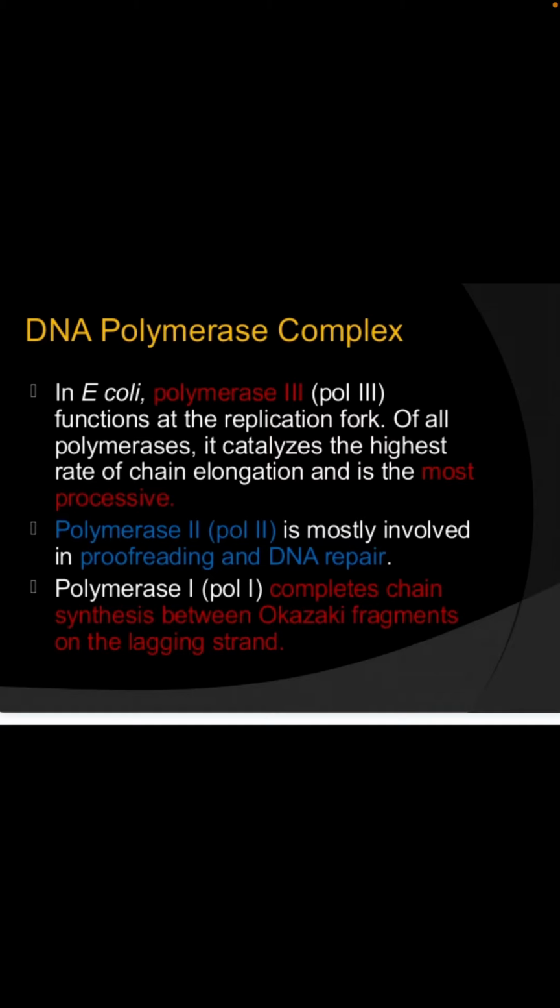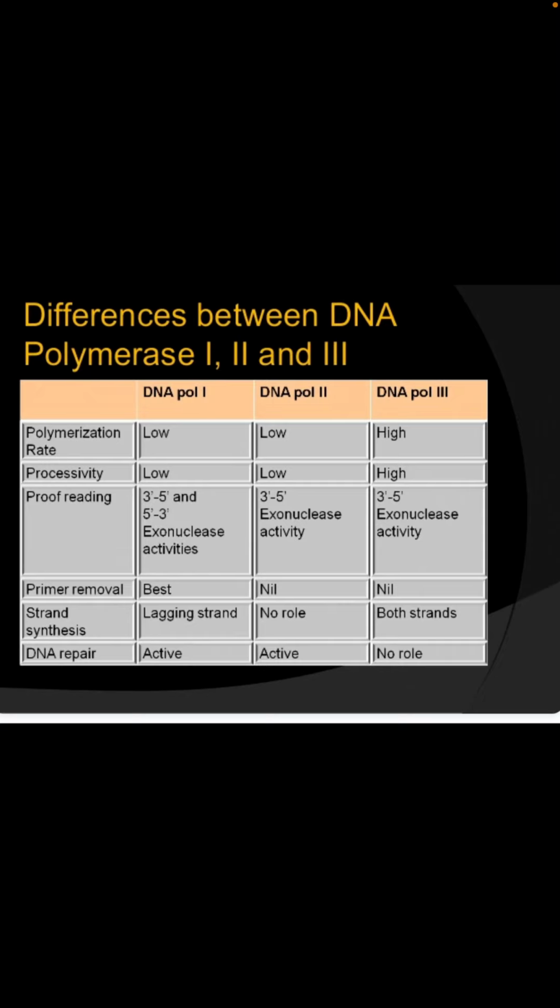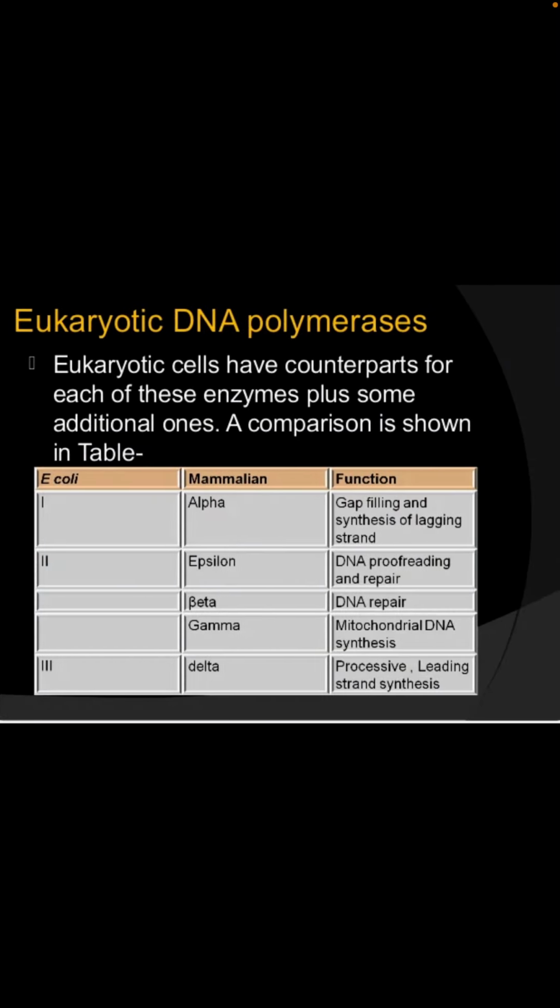Here you can see some differences between polymerase 1, 2 and 3. We will discuss in detail in the next lecture, during which we will discuss the function of topoisomerases, and there are some differences between prokaryotic and eukaryotic polymerases also.